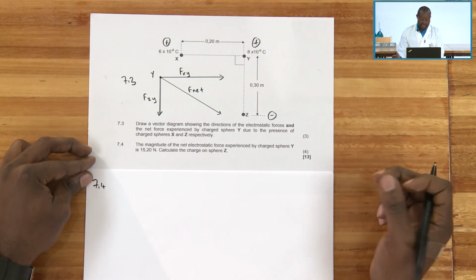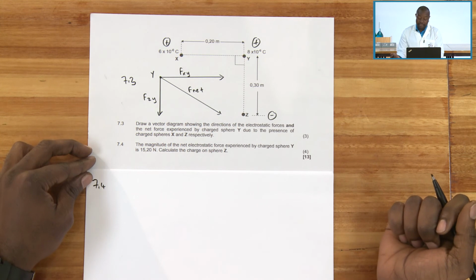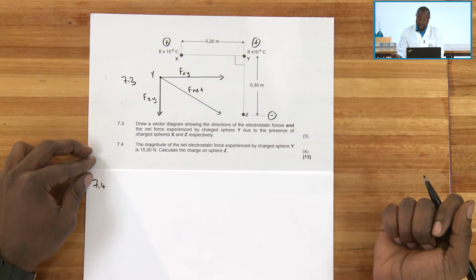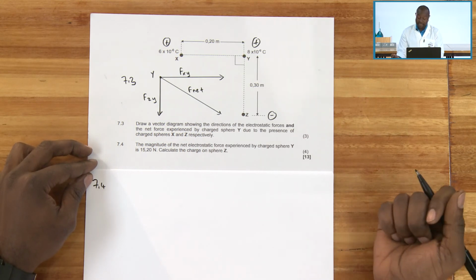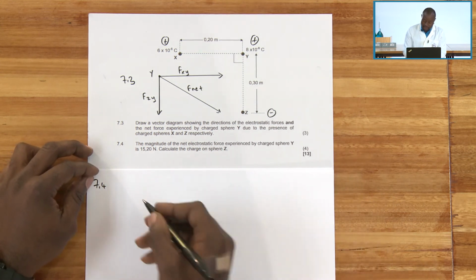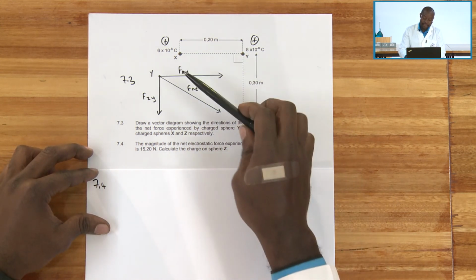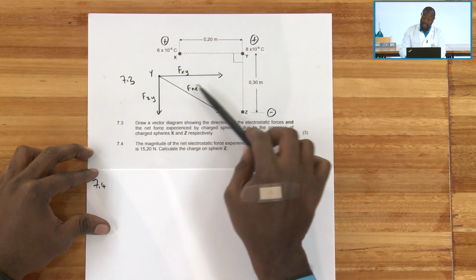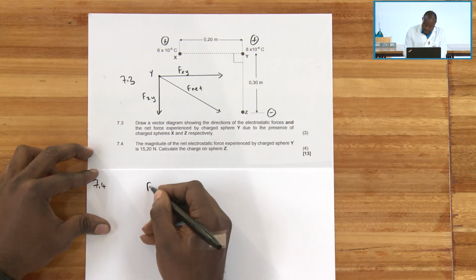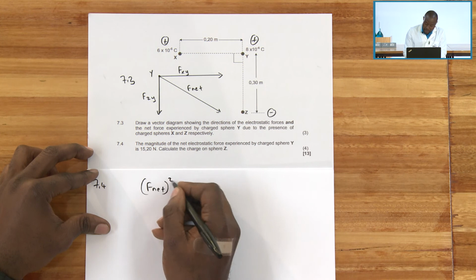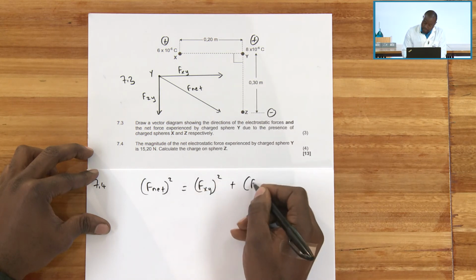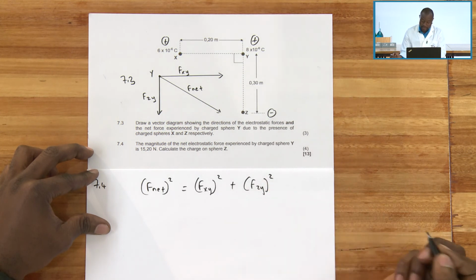7.4 says the magnitude of the net electrostatic force experienced by charged sphere Y is 15.20 newtons. Calculate the charge on charge Z. Right, so we have our formula, and we've identified Fxy and Fzy and our F net. So our formula is going to say, we're applying the Pythagoras formula, F net is the X component, Fxy squared, plus Fzy squared.